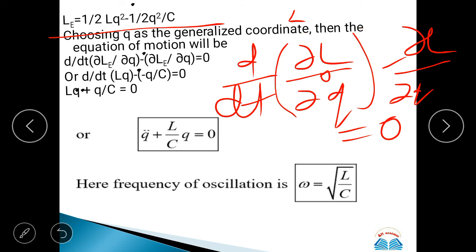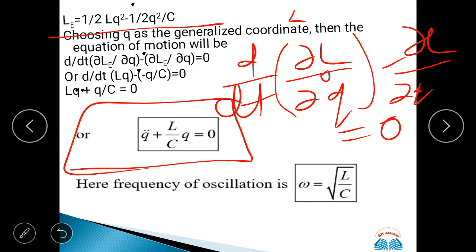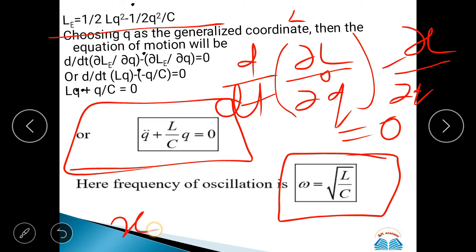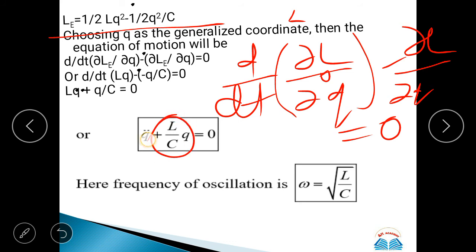By solving we get q double dot plus q upon LC equals 0. Here the frequency of oscillation is omega equals under root 1 upon LC, because this is the same equation as x double dot plus omega square x equals 0, since it is also a linear harmonic oscillator. So omega square will be 1 upon LC, and omega equals under root 1 upon LC.